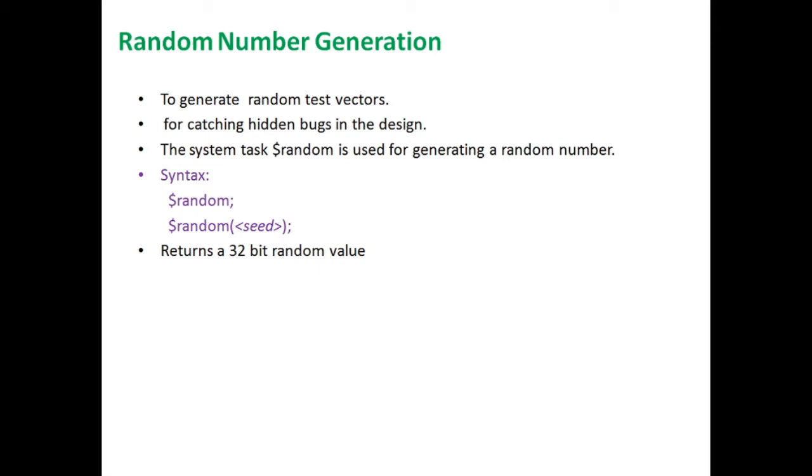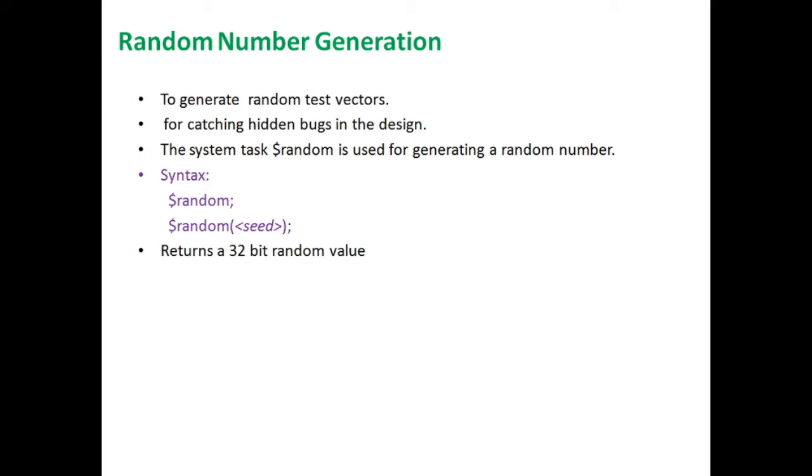For example, if I have inputs A, B, C, D passed to one design, and I have my output Y, I have to pass 16 test vectors, from 0000 to 1111, to verify the functionality of my design and observe how output Y responds to my input test vectors.